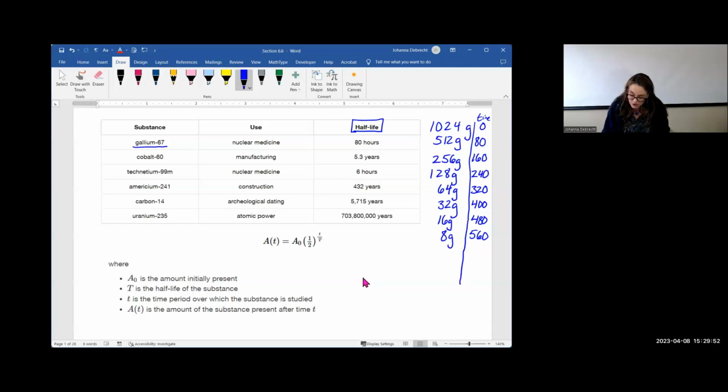And after 640 hours, we still have 4 grams, plenty to make you sick. And then after another 80 hours, up to 720, we still have 2 grams that are radioactive. And moving up to 800 hours, this is still 1 gram that's radioactive.